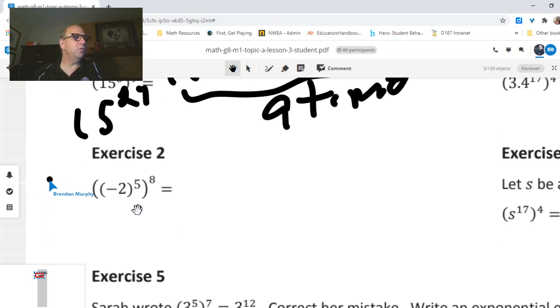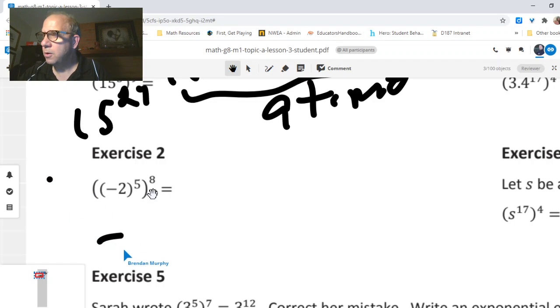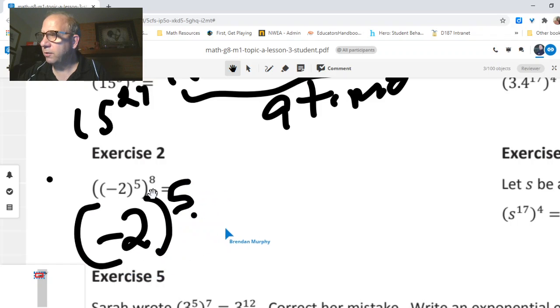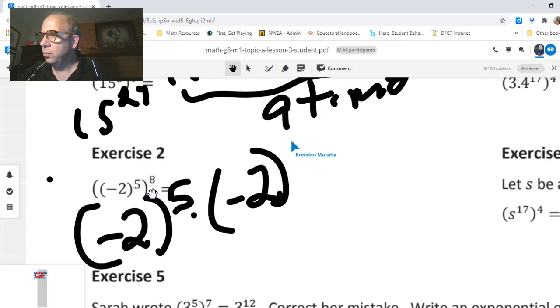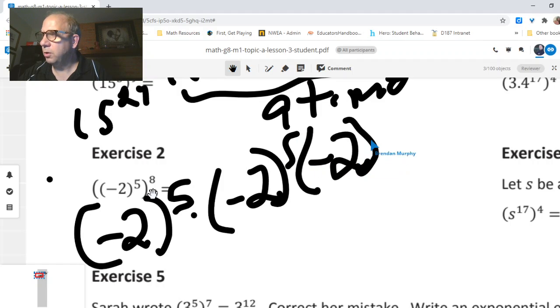What if I have negative 2 to the 5th power 8 times? So I have 8 of these negative 2 to the 5th power things. So I've got negative 2 to the 5th power, negative 2 to the 5th power, negative 2 to the 5th power, and I keep doing that 8 times.